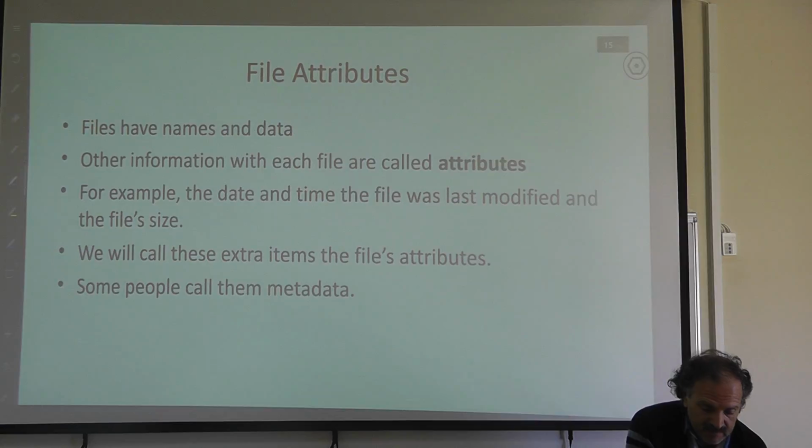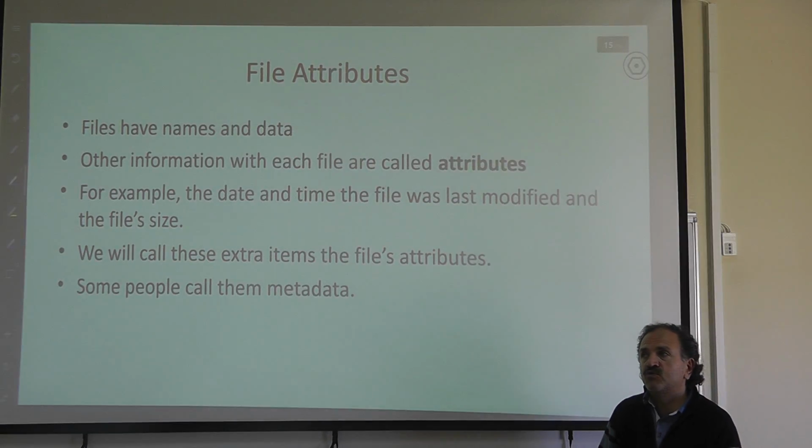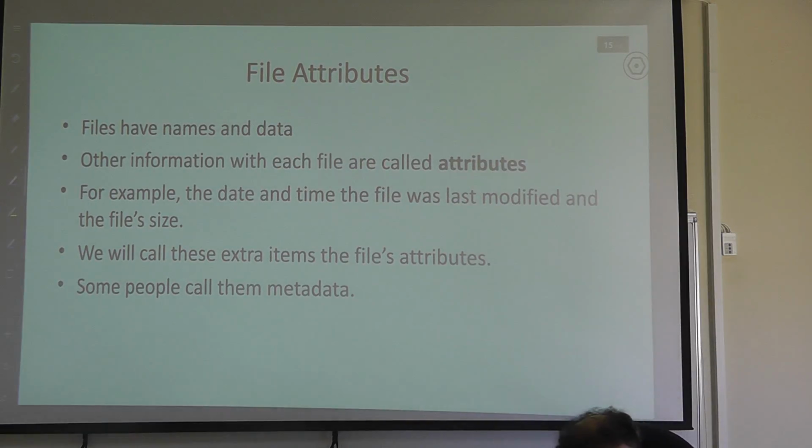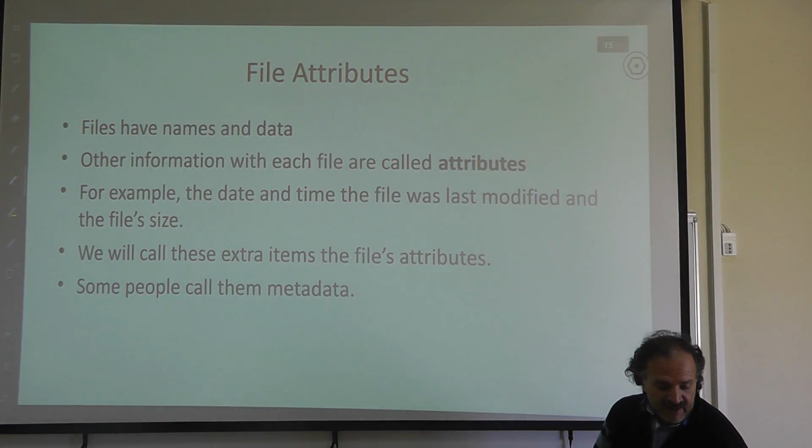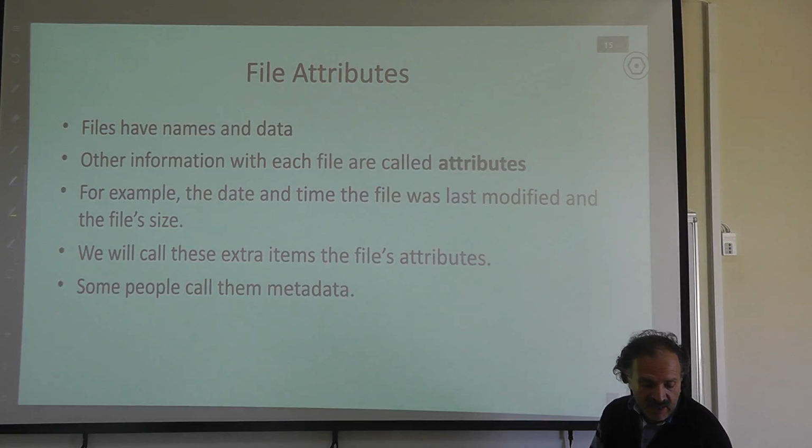Okay. Then we have the attributes for the files. Each file has a name. It should have a name and it contains data. We know that. But other than those, we have information about the file. It's called file attributes.